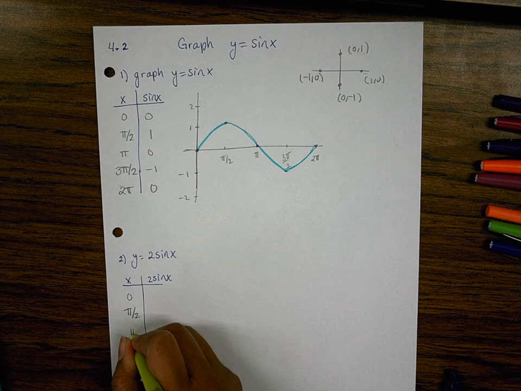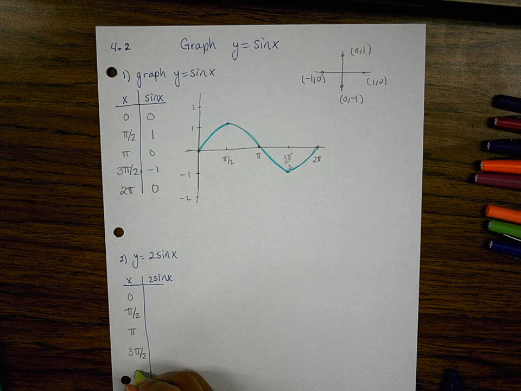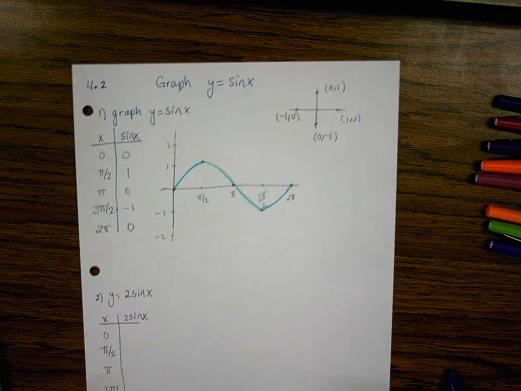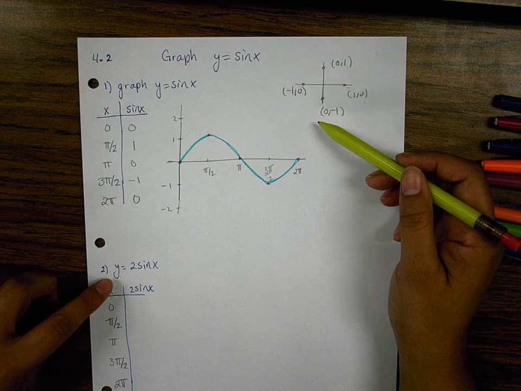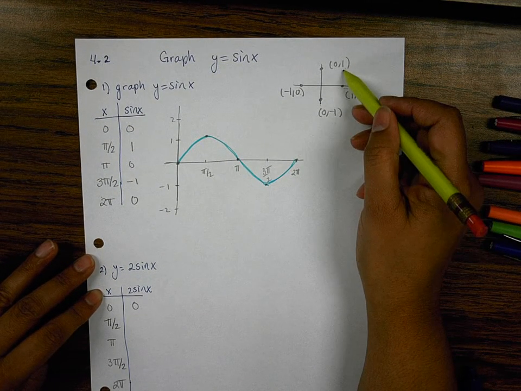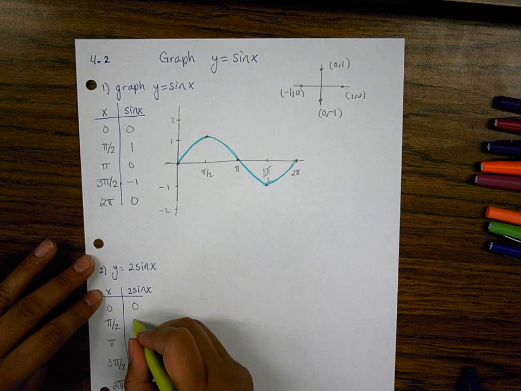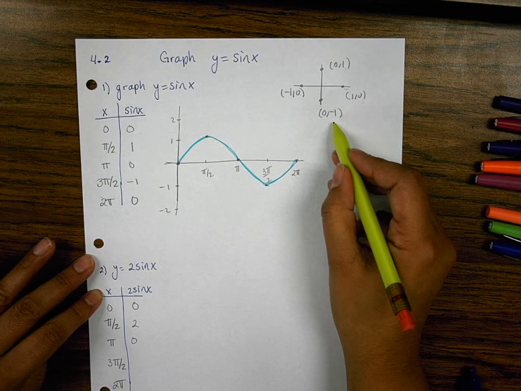Same set of numbers, 0, pi over 2, pi, 3 pi over 2, and 2 pi. We're using the same set of numbers, only now we're multiplying by 2. So it's 0, 0 times 2 is still 0. 1, 1 times 2 is 2.